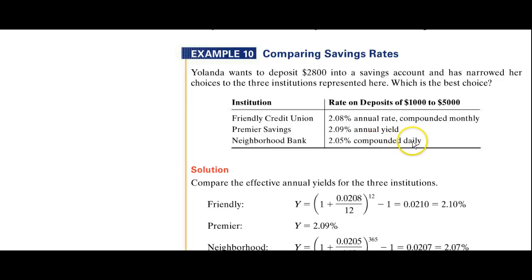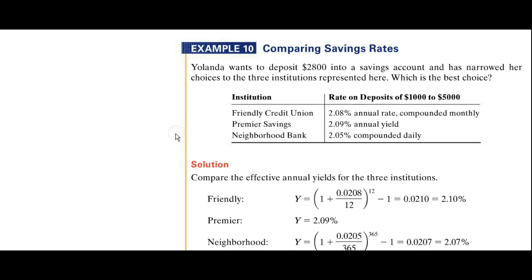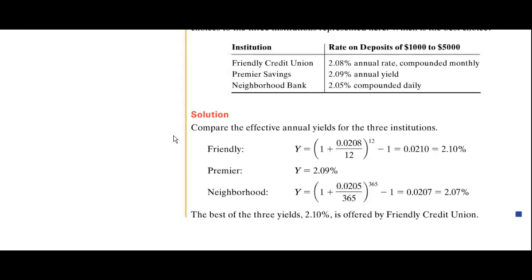So 365. So we want to use our formula here to see which would be the best rate, because you'd be looking for your effective annual yield. So if we did our friendly one, that would end up being 2.10%.